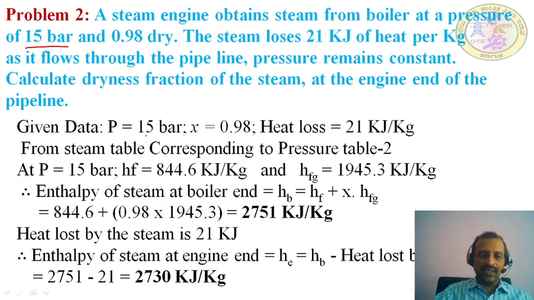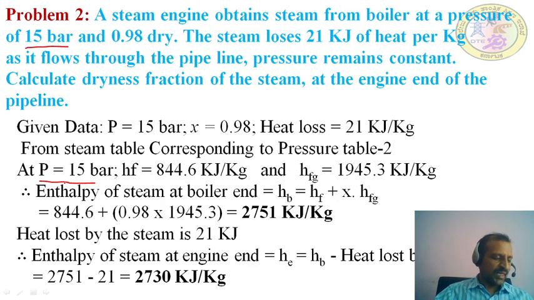So here you have to refer to that, for a pressure of 15 bar. If you have the steam table in your hand, just go to page number 12. I am referring to the steam table by R.S. Khurmi. If anybody is having the same book, open page number 12.